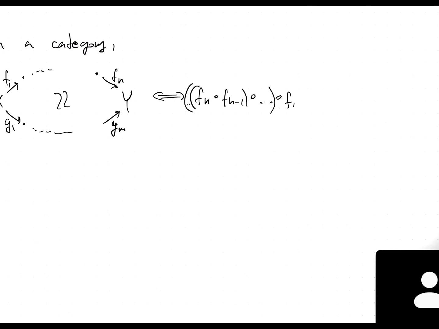So this composite of the F's must equal a similar composite of the G's. Ran out of space to draw the bracket. Let me go back. So there we go. I hope my screen is still visible, right? Yes, it is.